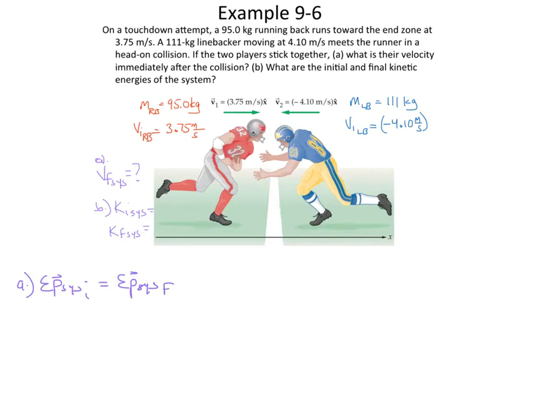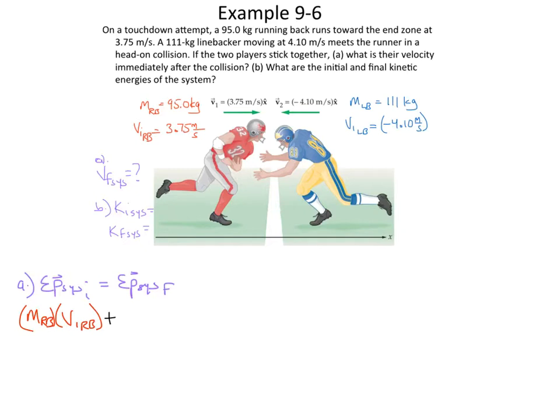It's going to be the combined momenta of this guy and this guy right here. So let's just do them one at a time. I'll color code them back in red and blue so that you can see which one is which. So the mass of the running back times the initial velocity of the running back plus the momentum of the other guy, right?